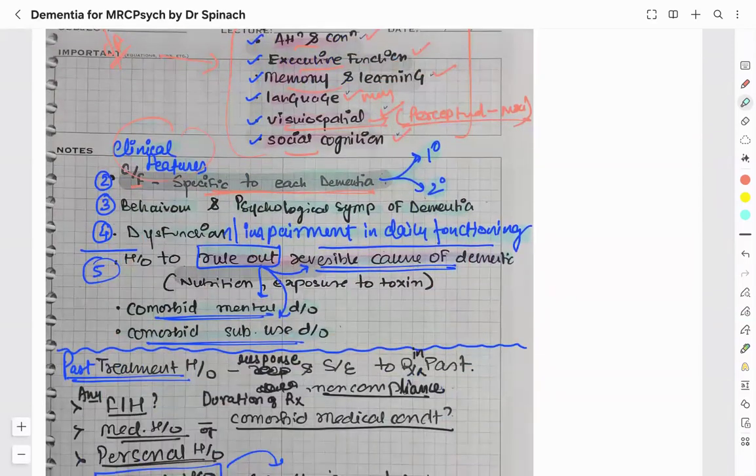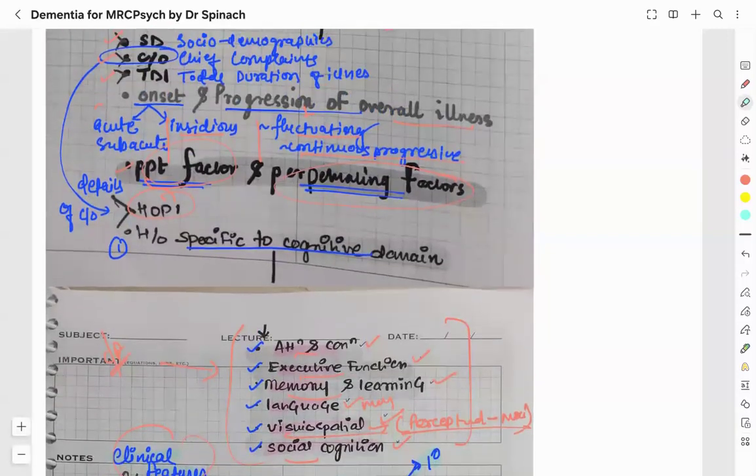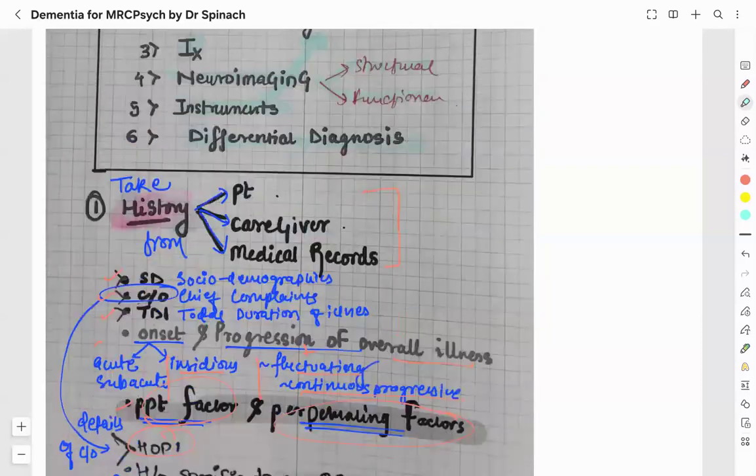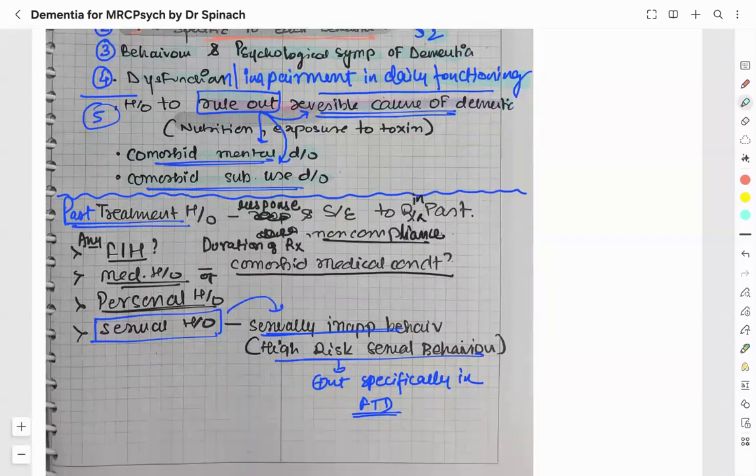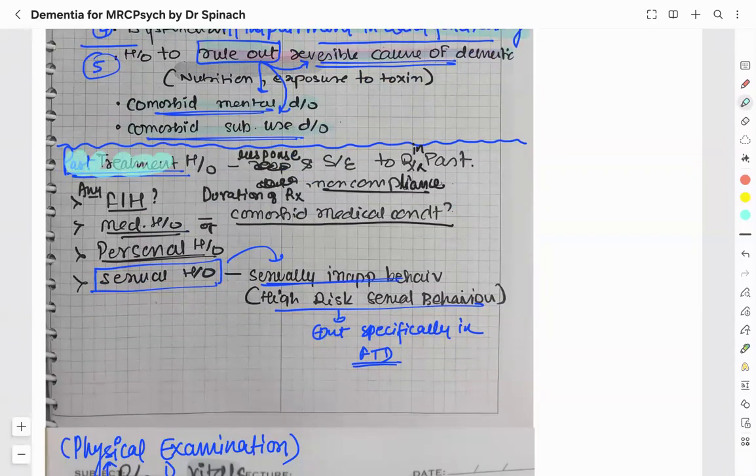If we are asked what is the management of dementia, this is what I formed. For the assessment we will use the same thing and say HOPI. We will also look into the past treatment history of this patient, the response and side effects of treatment in the past, the duration of treatment, and whether there was any non-compliance.